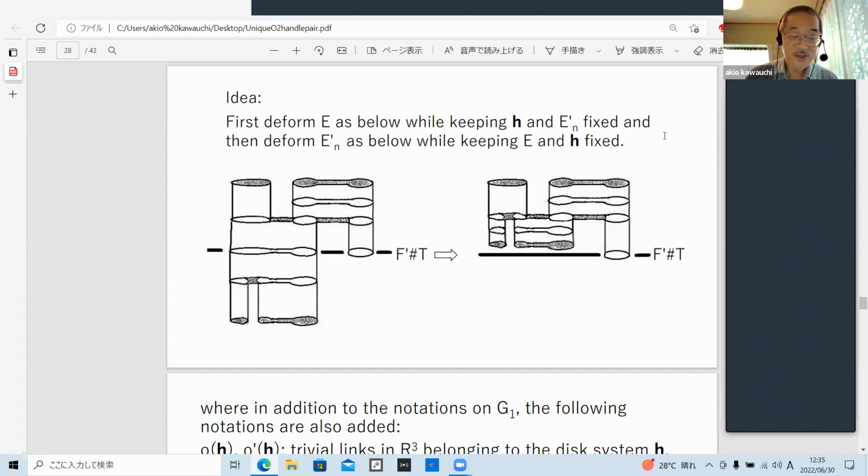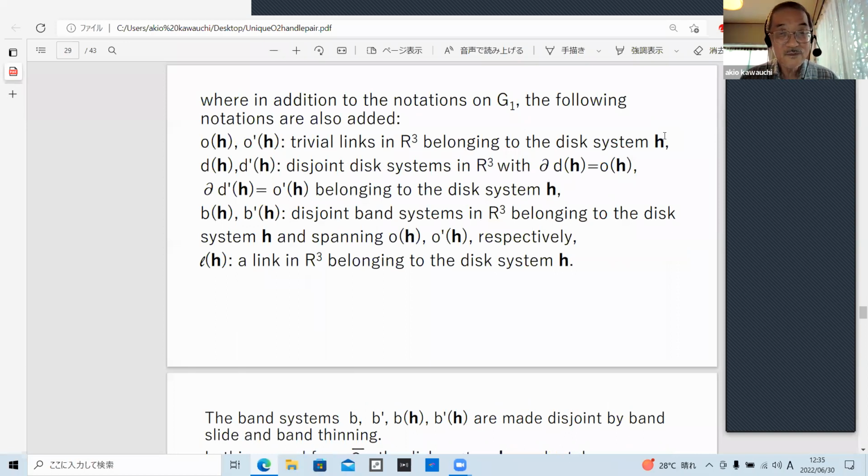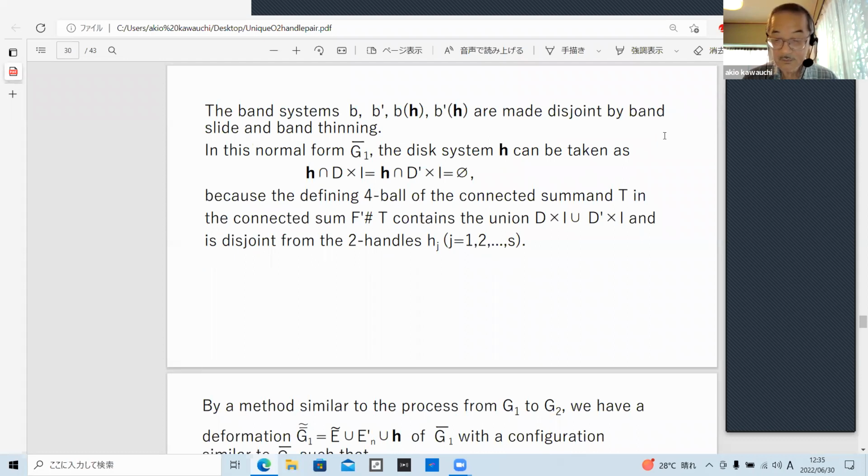Then applying the common core property, we will get the result. That is the idea. So OH is a trivial link disk and band and link, and these also occur in normal form.